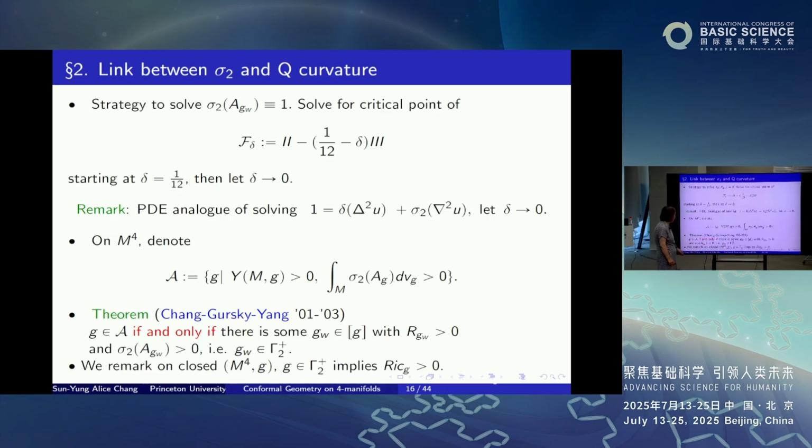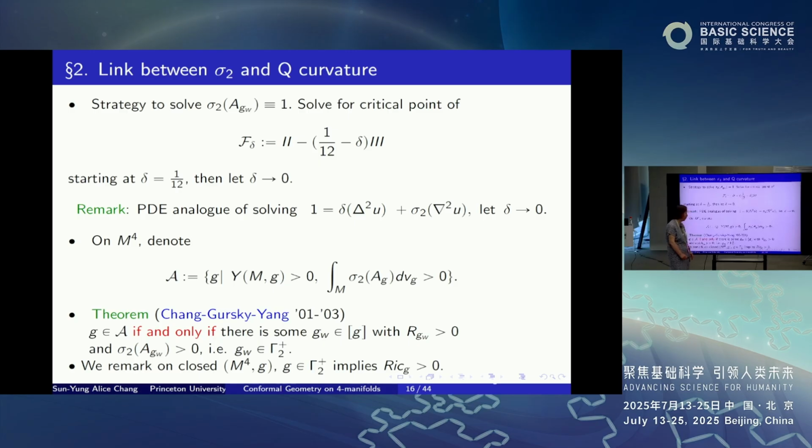Indeed, in a 4 manifold, if we begin to consider 2 conformal invariants, one is the Yamabe invariant, one is the sigma 2 invariant. If these 2 invariants are positive constants, it turns out there is, if and only if, a pointwise solution in the same conformal class which is in the positive 2 cone.